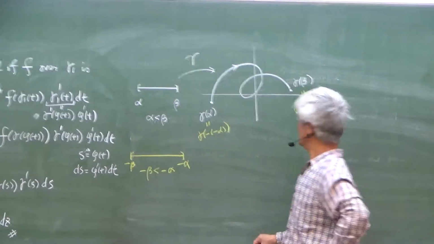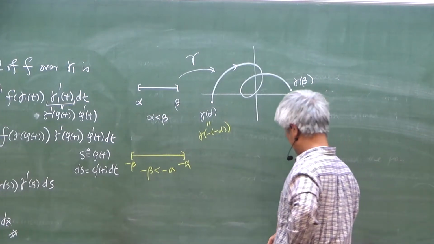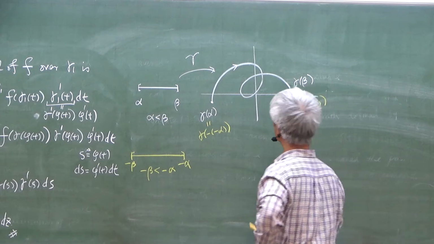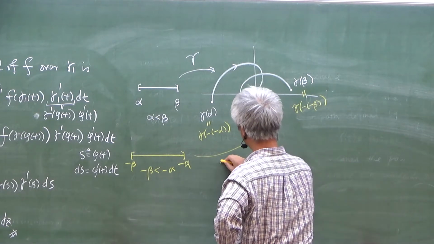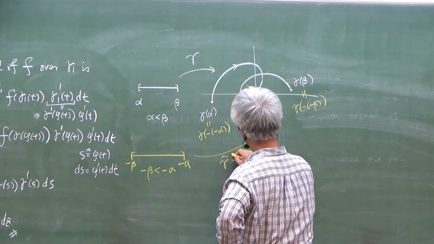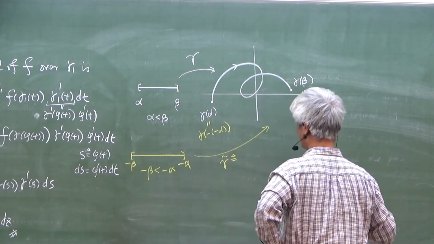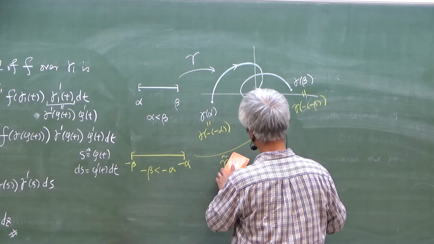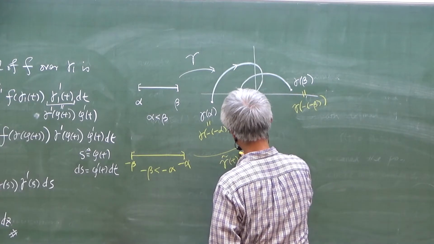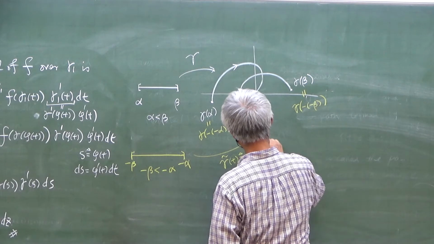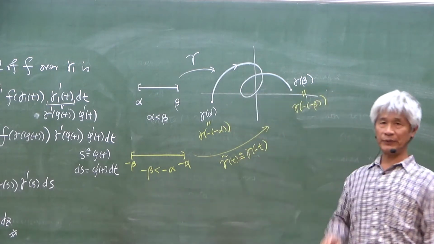So if we define gamma tilde in this way, gamma tilde of t is defined to be gamma of minus t.